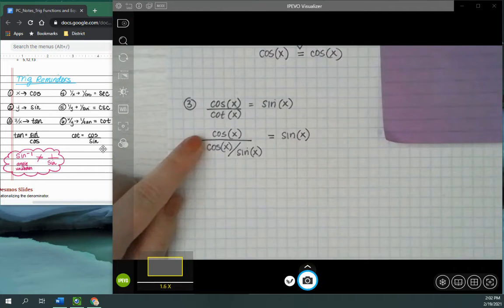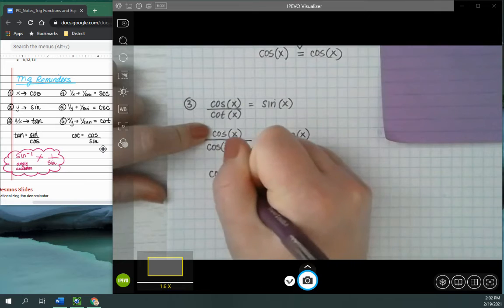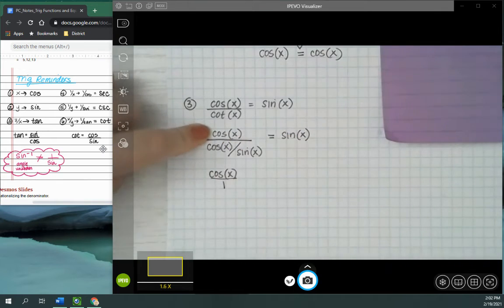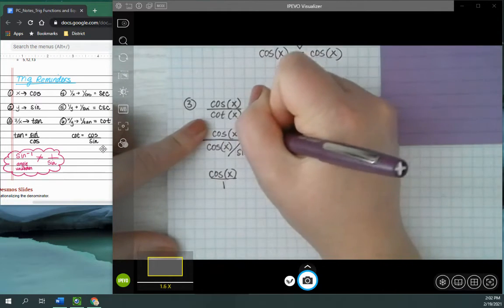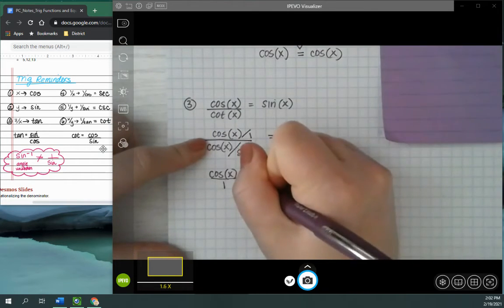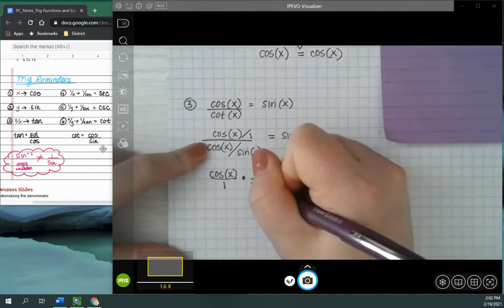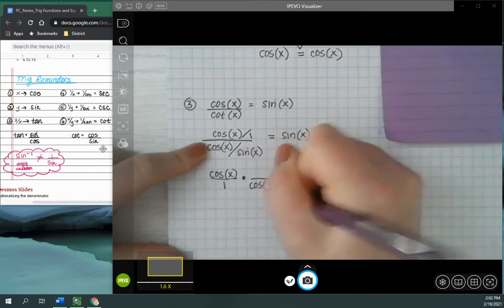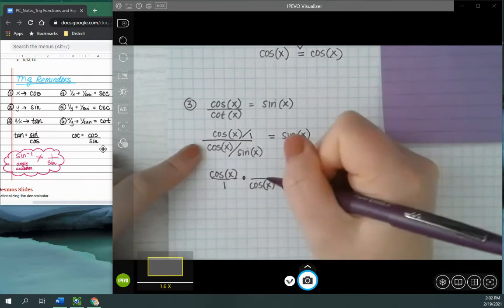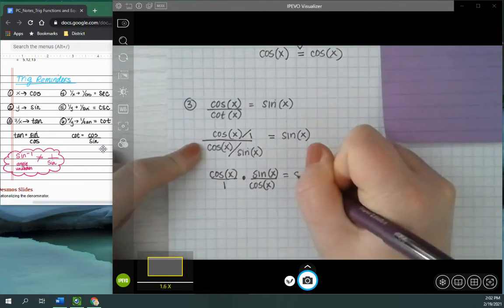Again, we do not want to divide by a fraction. So we're going to multiply by its reciprocal. So let's look at the very top one. It's just cosine x, which is cosine x over 1. Now, instead of dividing, we're going to multiply by the reciprocal. Sine x is on the bottom, but using the reciprocal, it would bring it to the top.